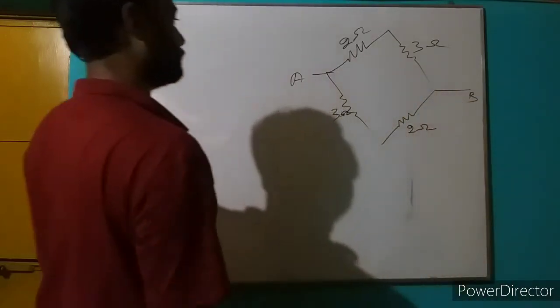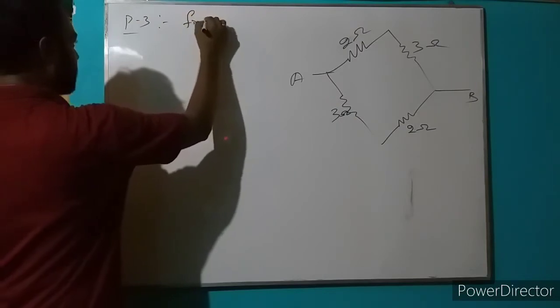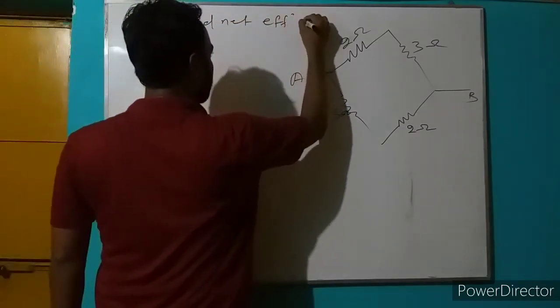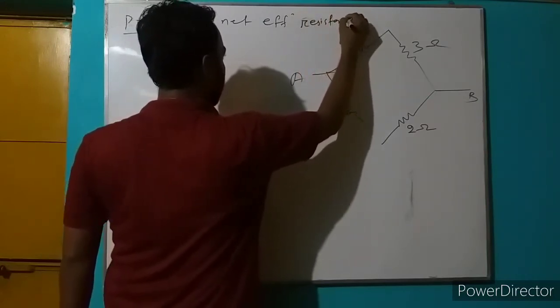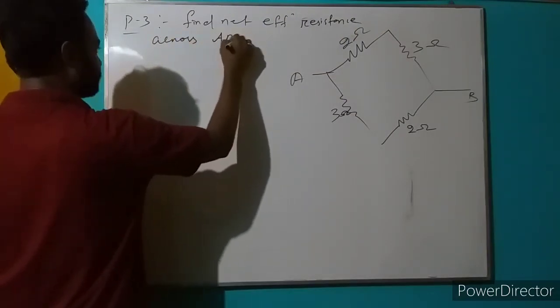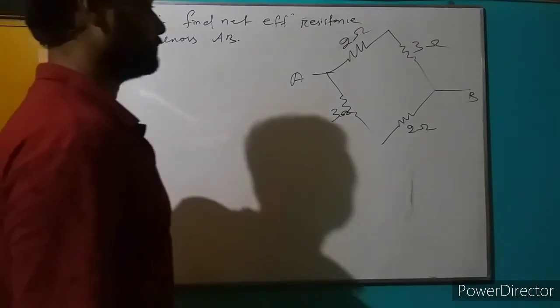Clear? So find the net effective resistance across AB.